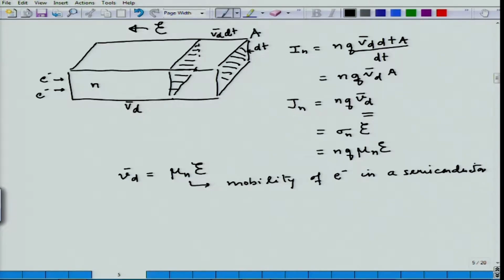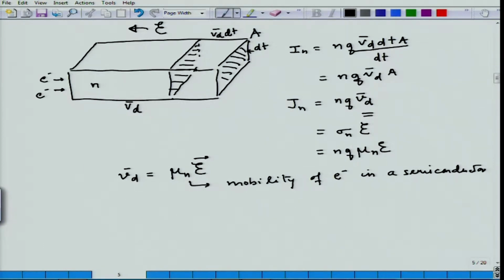Now, what is this mobility? This mobility is basically defining what drift velocity I can gain if I apply the electric field E. So, it is defining the ease of motion of an electron in a given applied field. If mobility is very large, my drift velocities will be large and I can accelerate electrons easily with a given applied field. If mobility is low, I have many scattering events and I cannot accelerate electrons easily in such a material.